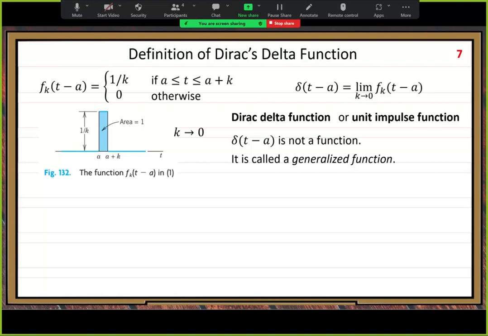It's not a regular function. It is a generalized function. The function definition here is modified. We cannot use the original function definition, so we generalize it. We allow this mathematical object to exist. At the beginning, most people could not accept this concept. It was too radical at the beginning. How can you accept it?